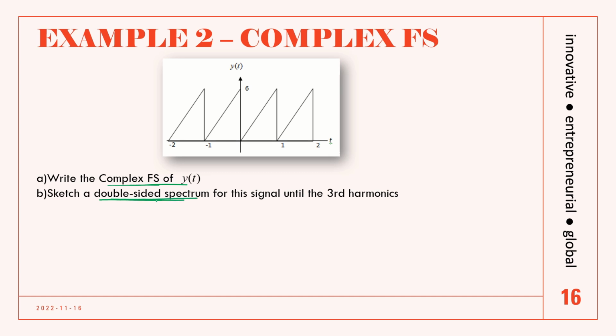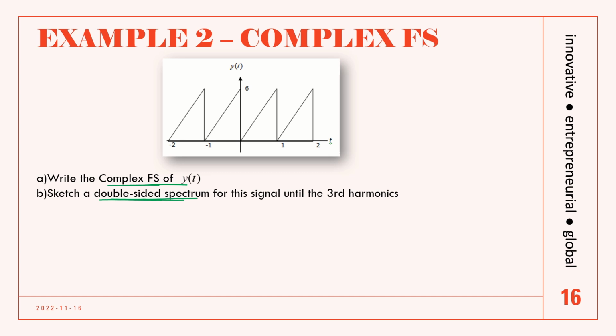It is not common for a complex exponential to sketch a single-sided spectrum. So complex always goes to double-sided. Trigonometric form will always go to a one-sided spectrum.